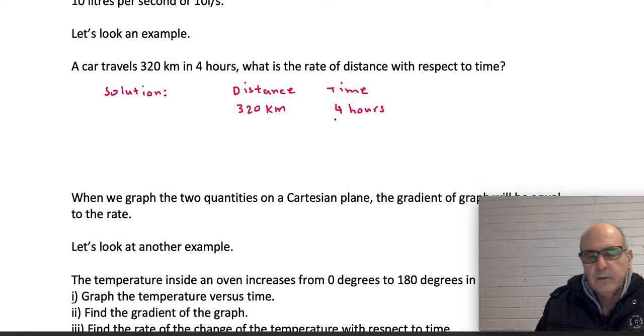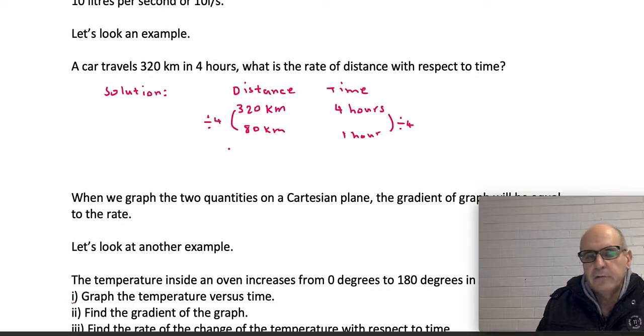If you remember, we said that the second quantity has to be 1, but here I have 4. So to make it 1, I need to divide. 4 divided by 4 gives me 1 hour. I do the same with the distance. Whatever I divide this by, I have to divide that by too. 320 divided by 4 is 80, so 80 kilometers.